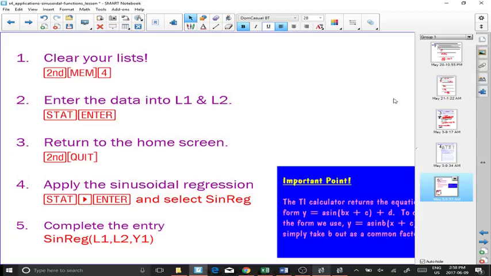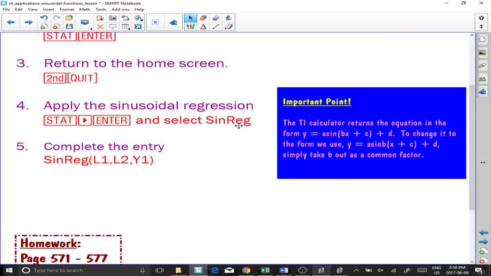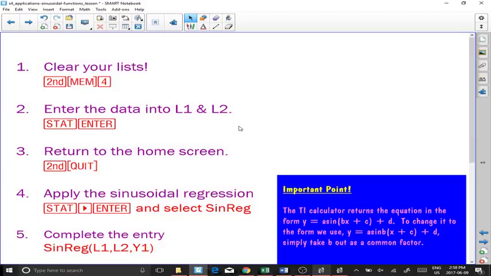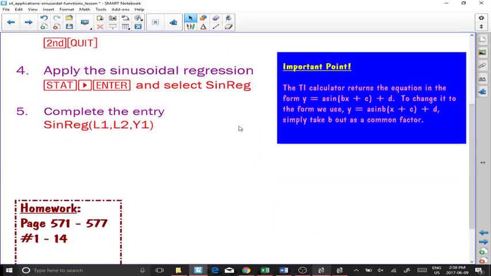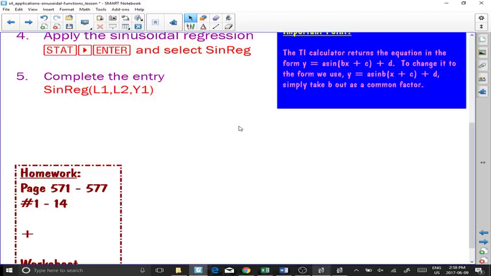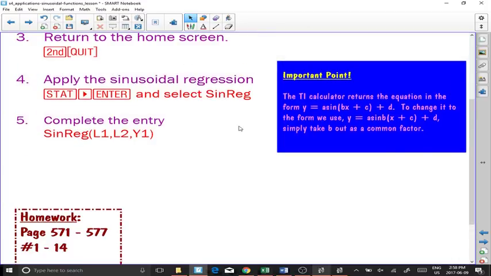And with that, we are done the lesson. There is some information on how to do it on the graphing calculator here. But just as an aside, and this goes back to the conversation earlier, the graphing calculator gives us the equation in the form bracket bx plus c. To change it into the form we use, we actually use the minus c part, but you have to take out b as a common factor.